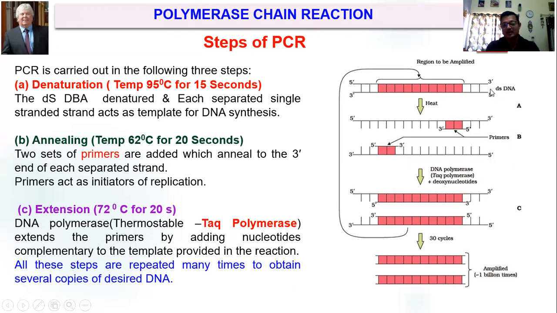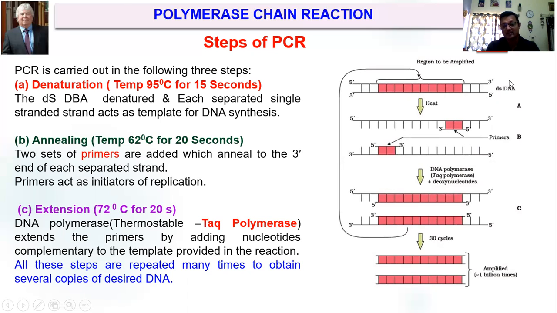Have a look at this schematic representation. See here, double-stranded DNA. On heating, it is converted into two single strands. Primers are added, so that provides a point of initiation. Then DNA polymerase along with deoxynucleotides is added, which carries out the reaction. And the only thing that differs here is the change in temperature.